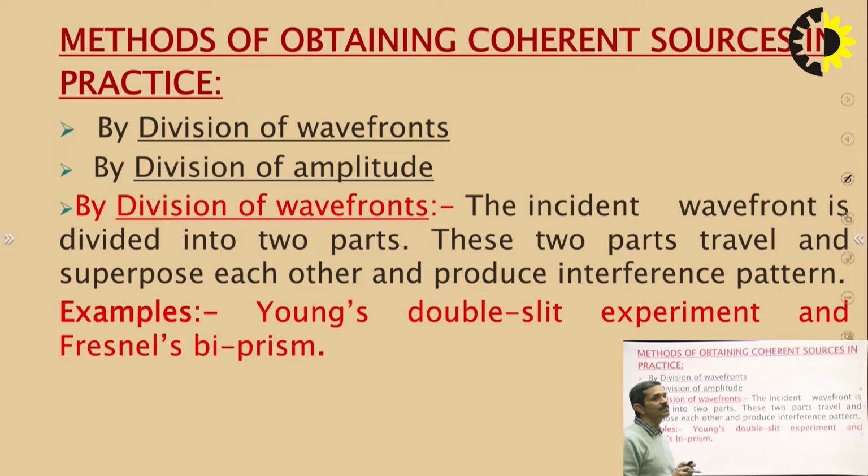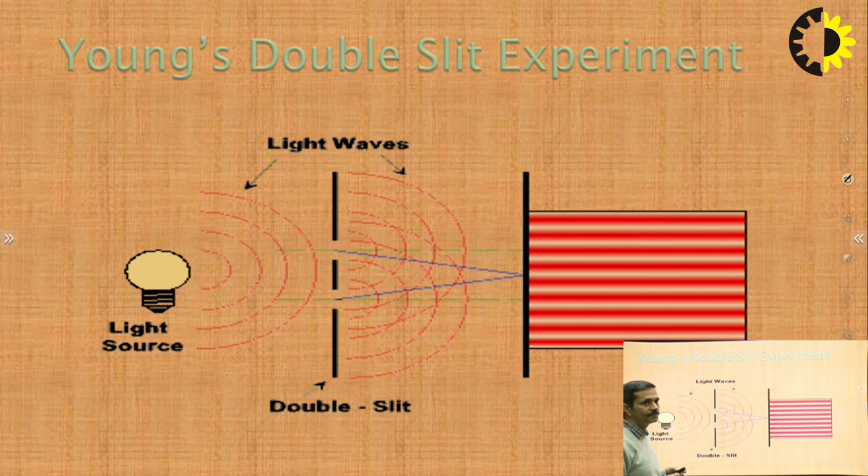So in thin films, here we will obtain coherent light sources by the division of amplitude method. Here we will not discuss Young's double slit experiment, but in Young's double slit experiment and in Fresnel biprism experiments, we can achieve coherent light sources by the division of wavefront method.